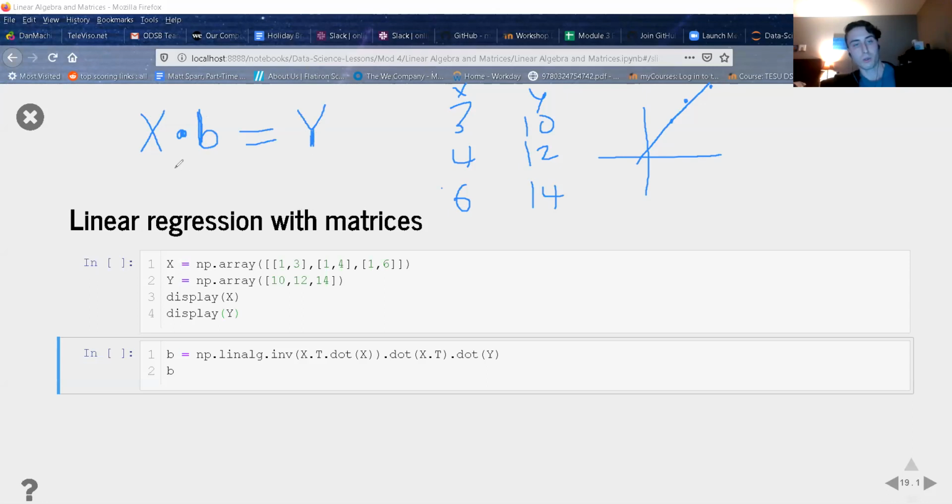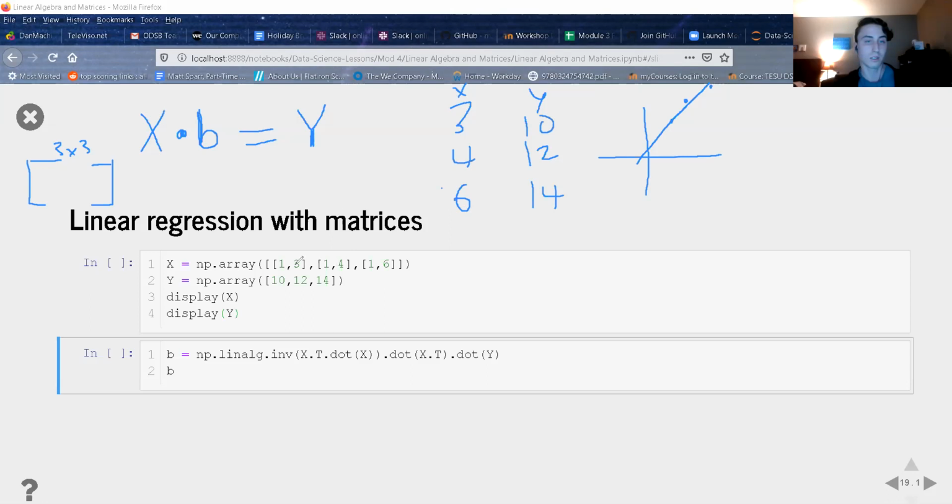So the way to derive this then is a little complicated. First of all, X is not a square matrix. So before, when we were doing a system of equations, we had like a 3 by 3 or a 2 by 2, and that let us just do the inverse and solve for our V really easily.